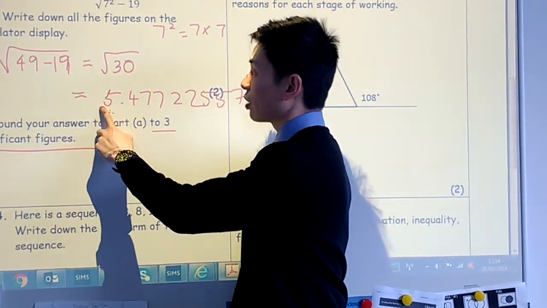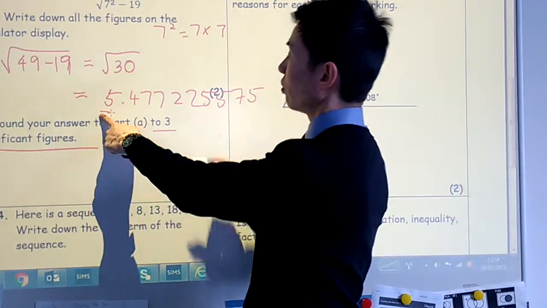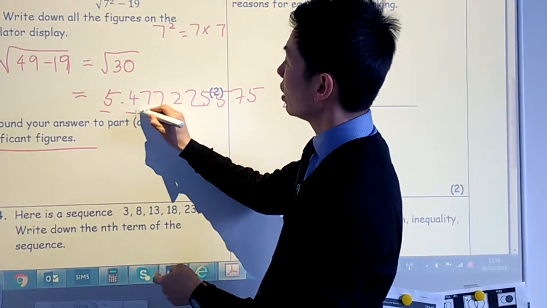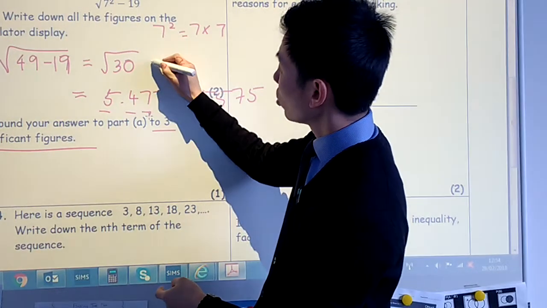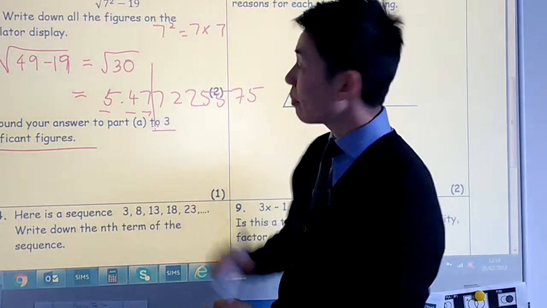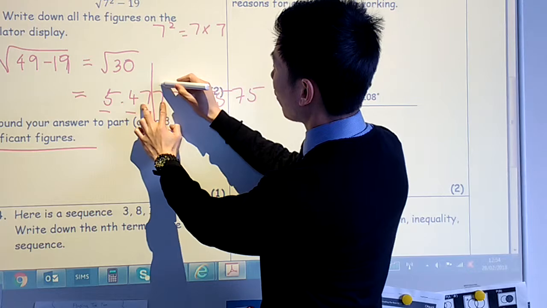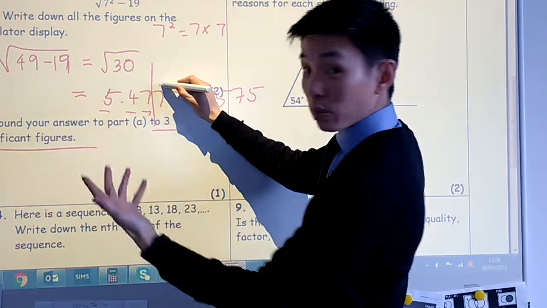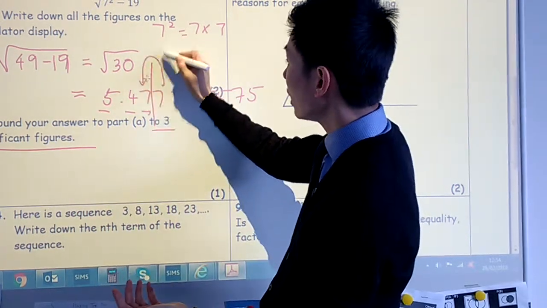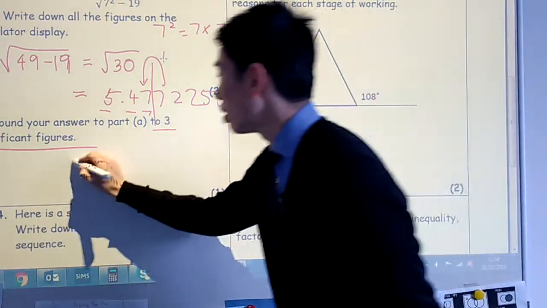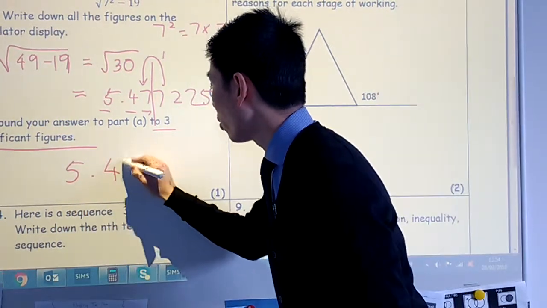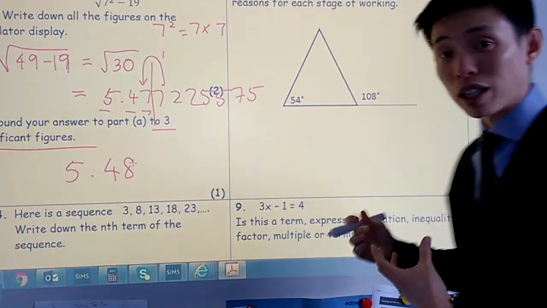So therefore, this is a 5, so it starts as 1 significant figure, 2 significant figures, 3 significant figures. So stop there, and compare this with this. So 7, can it round up because it's bigger than 4? Yes, it can. So 5.48 is the rounded answer.